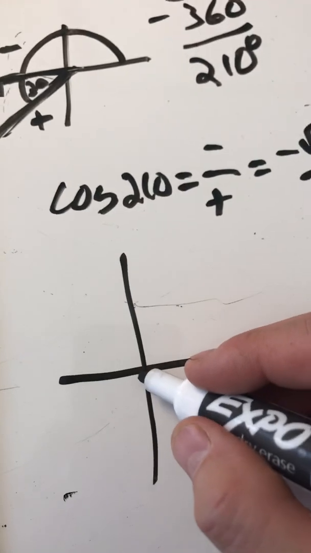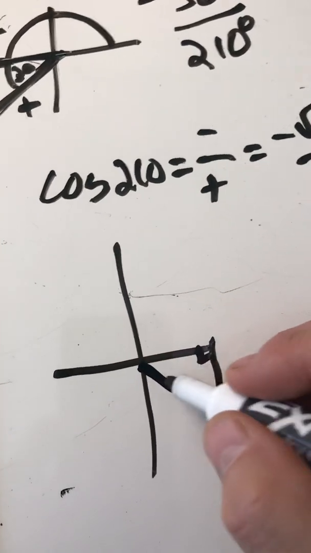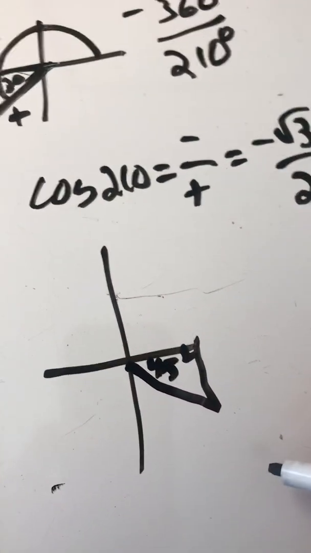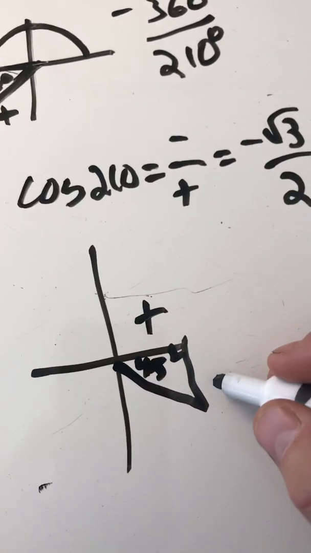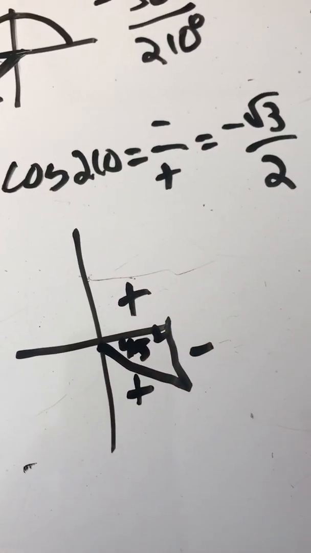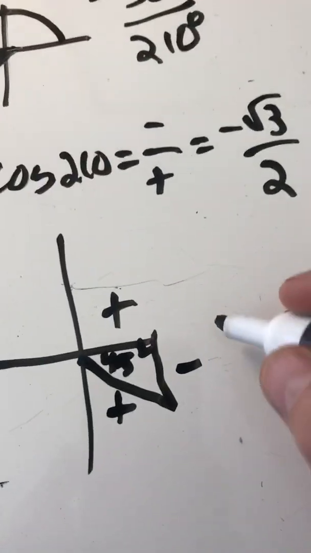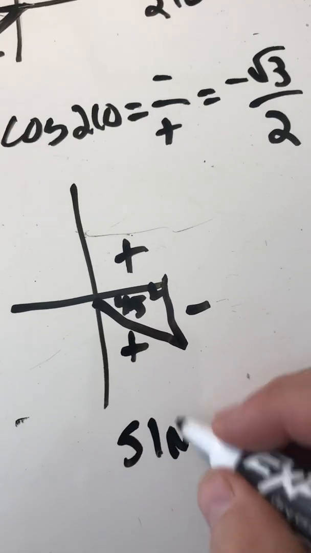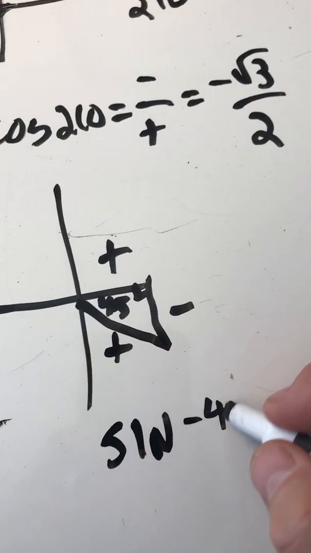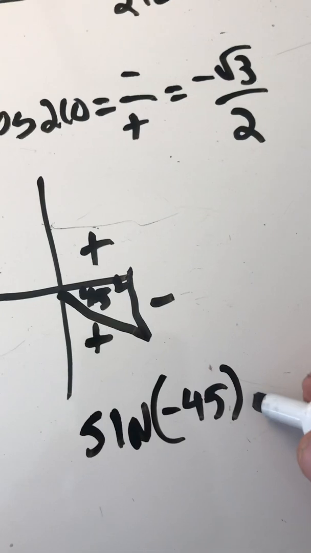So let me do a quick graph. I know my x value is going to be positive, y value negative, hypotenuse always positive. They want the sine of negative 45 degrees.